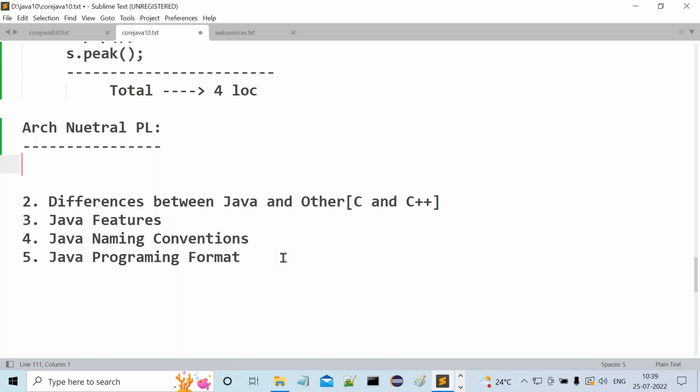An architectural neutral programming language allows its applications to run under all the operating systems and all the hardware systems. Because of that, we can understand that this is an architectural neutral programming language.